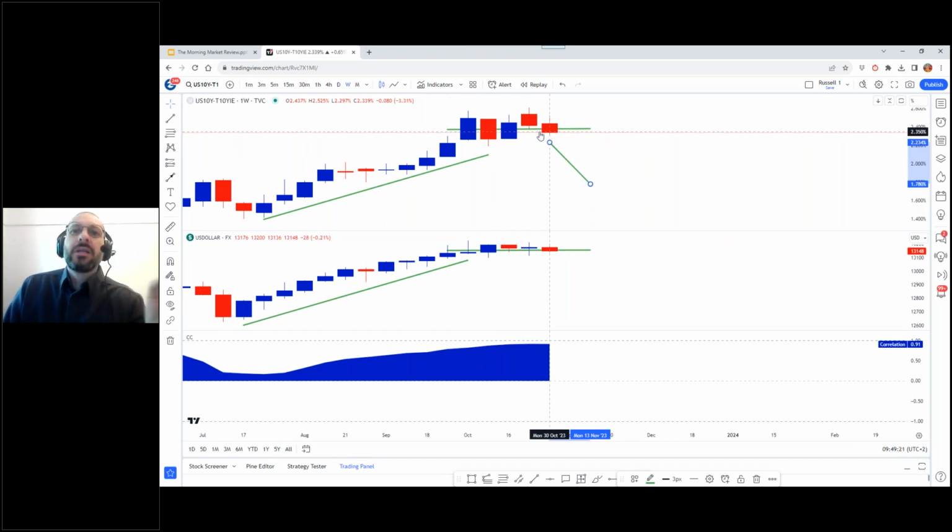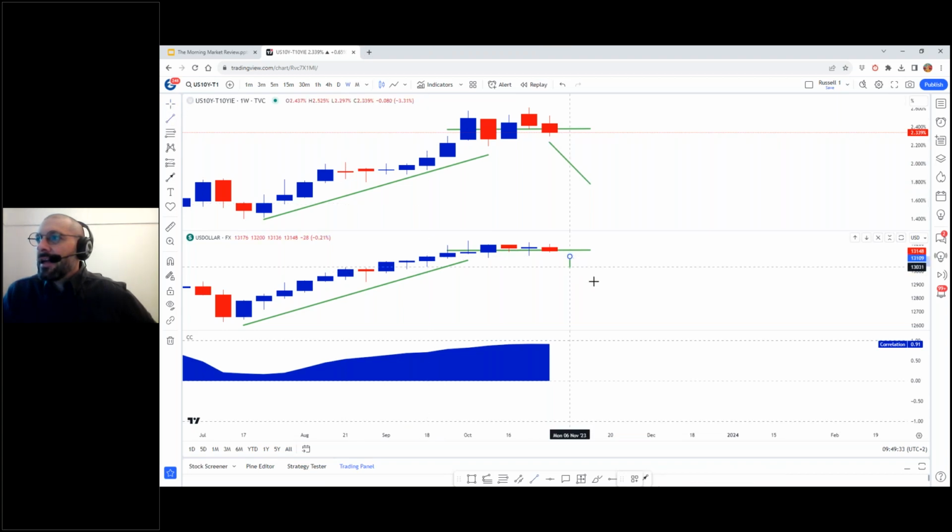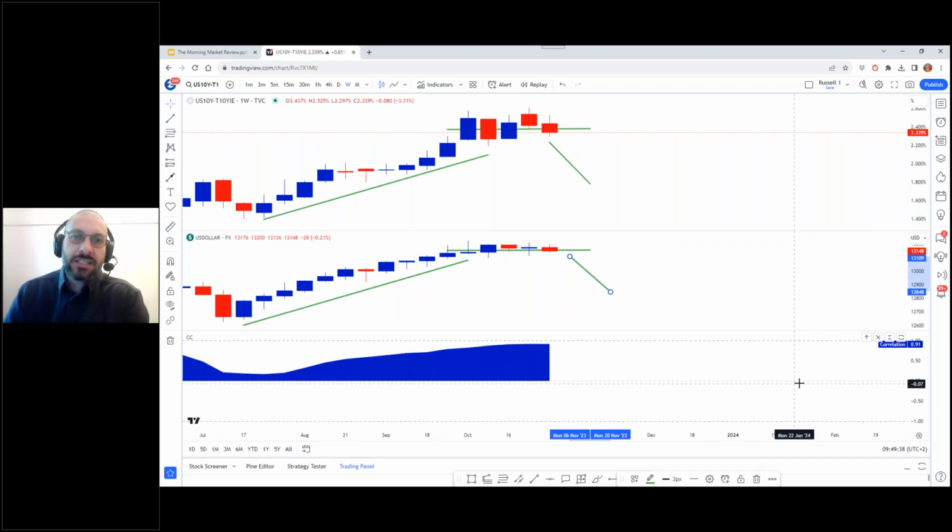The next thing would be to see a crossover in the moving averages, and those are extra signals on top of that failure swing, right? Then we would want to see the US dollar move if the correlation is going to remain as tight as it is. It's at 91%, incredibly tight correlation.